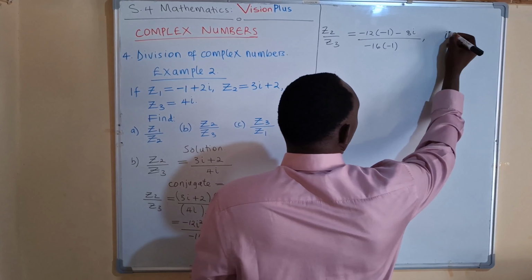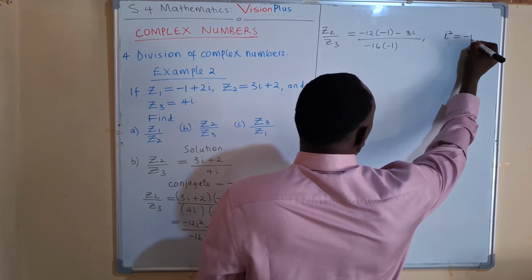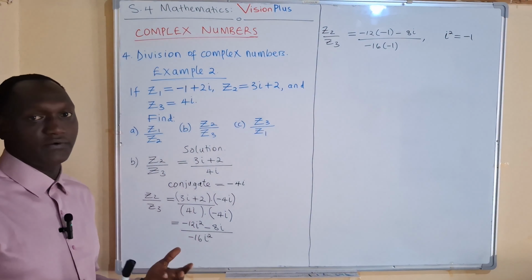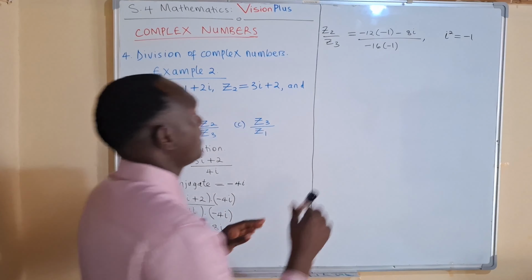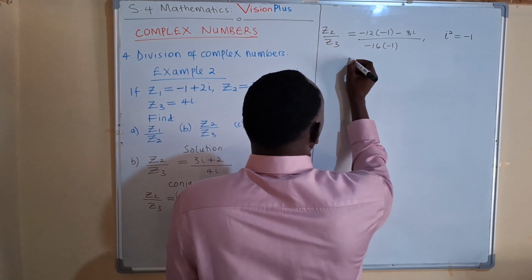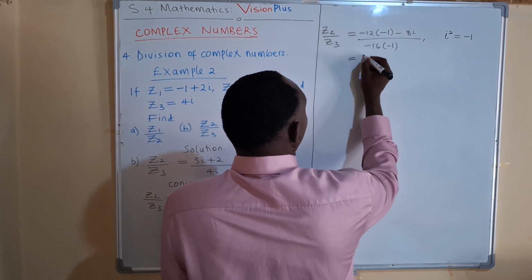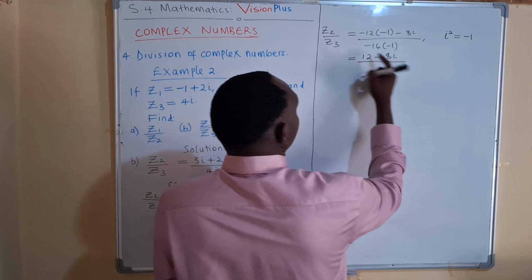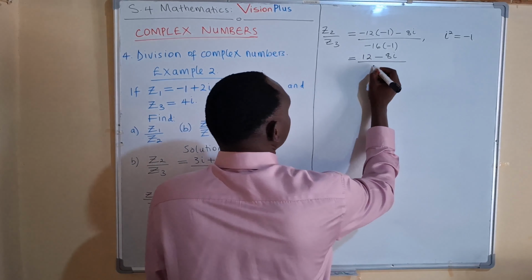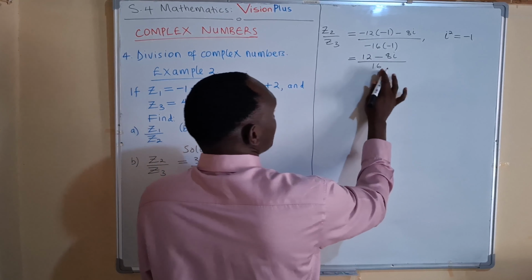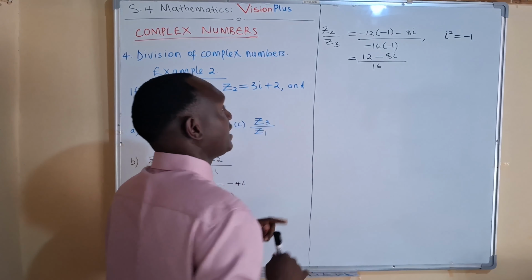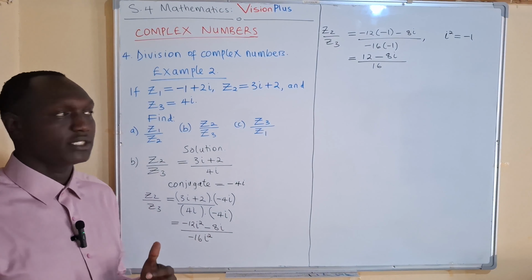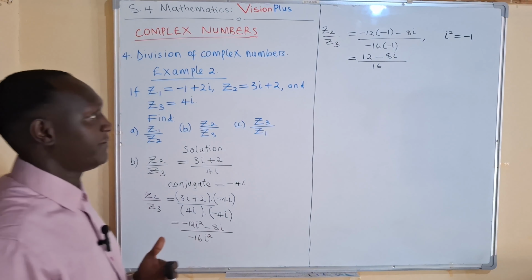Because we know that i squared equals negative 1, which is the foundation of complex numbers. And then we further simplify this. Negative 12 times negative 1 is 12, minus 8i, out of negative 16 times negative 1, which is simply 16. As you can see, here on the denominator, we no longer have i. There is no imaginary part on the denominator, and that is our aim.